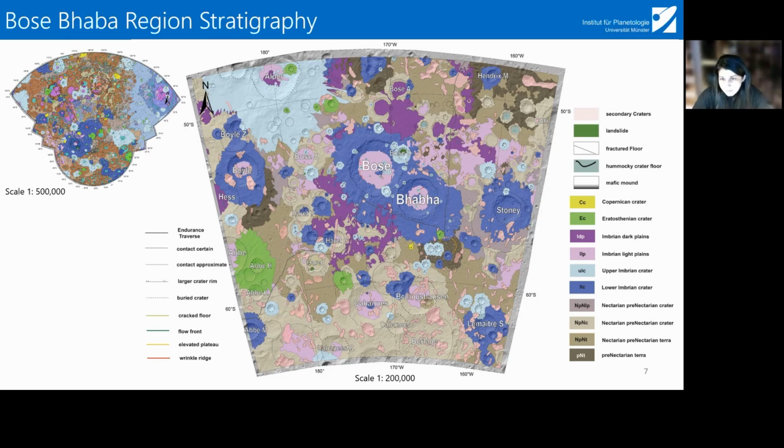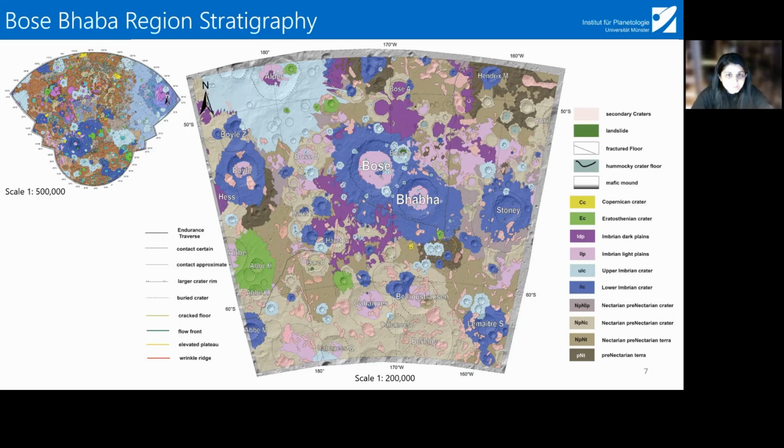We see it as a very old leftover of pre-Nectarian terra. However, in spectral data you see a mafic signature, and we are still discussing what it could be. Could it be material imported from somewhere else, or was there pre-Nectarian volcanism and it's a buried mound? So these are again a lot of questions we are asking after finishing these geological maps.